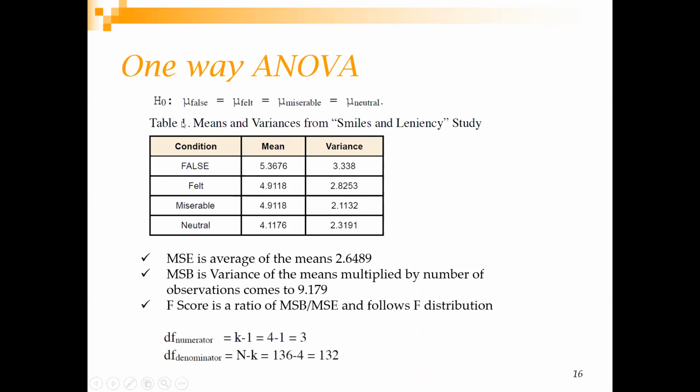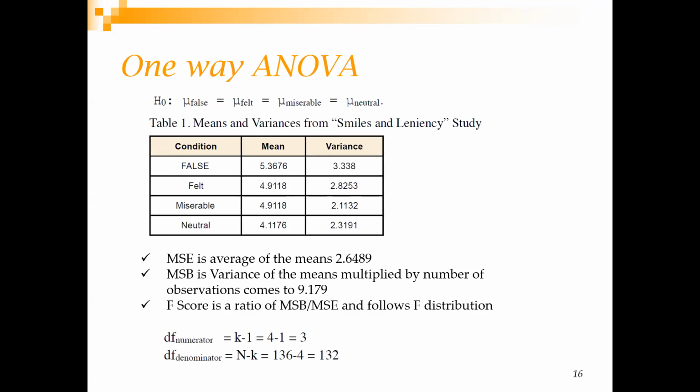And then from there again you calculate this F score. And when you go to the F distribution, please remember that the F distribution can also be thought of as a ratio of two chi-square distributions, because the numerator is also a squared term, and the denominator is also a squared term.